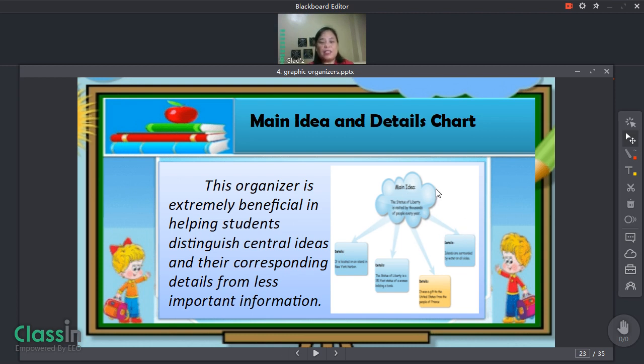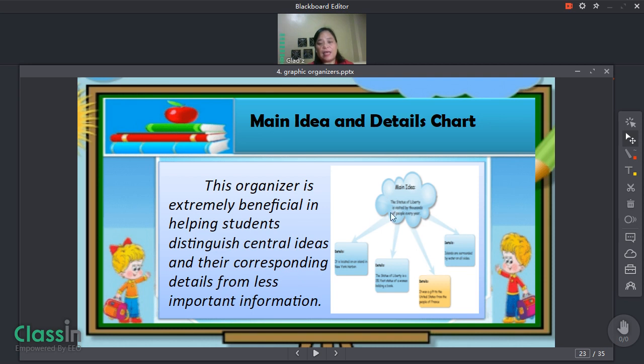So it's not a concept map or a cycle map because it's just focused on the main idea and the details, or the less important information of the main idea.